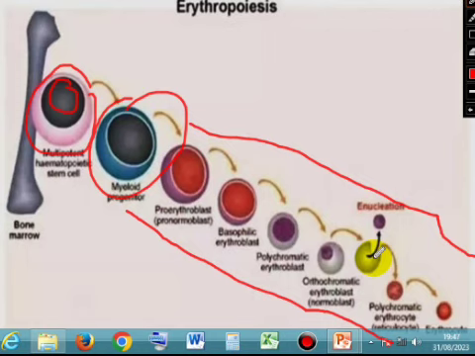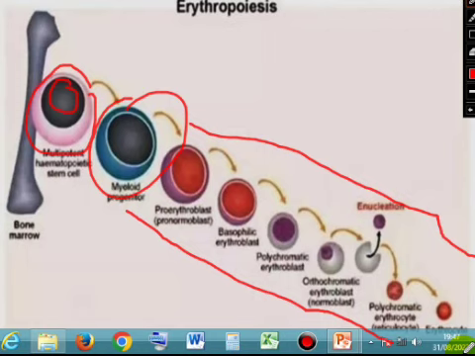A mature red blood cell lacks a nucleus. But during the stages of production through growth and maturation of the red blood cell, the initial stage contains a nucleus.